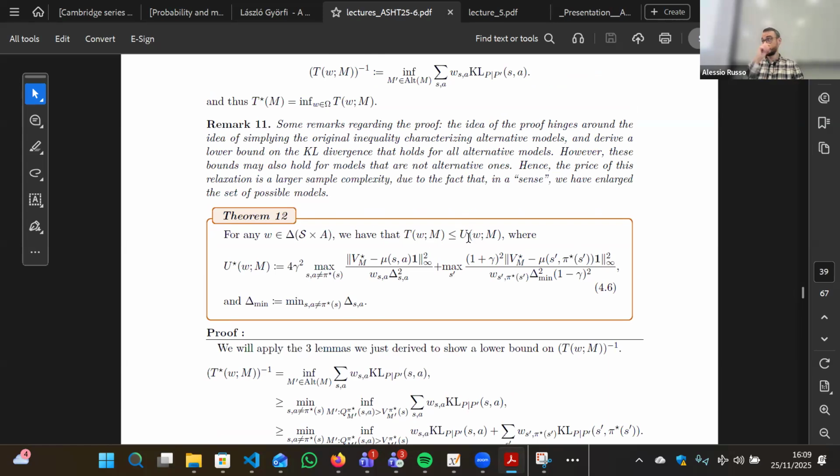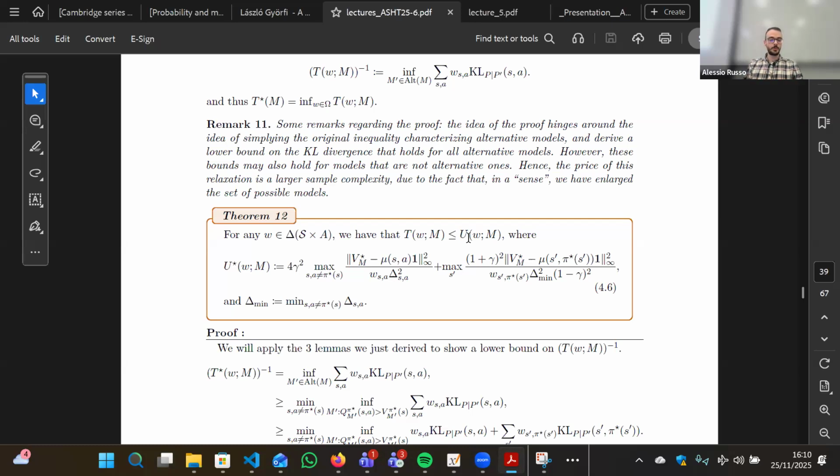And the idea is simply to try to enlarge the set of alternatives. And this idea can be applied also to other problems whenever you need to find an upper bound on the lower bound. And usually this idea can help you try to characterize the characteristic time. This is also an idea, I think, that we used in other papers.